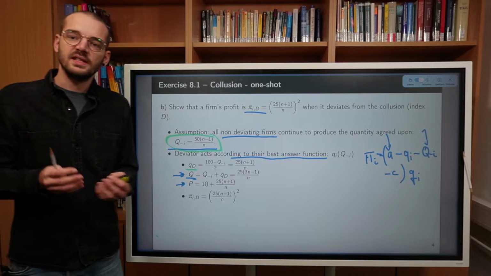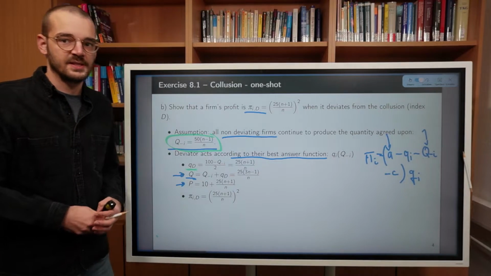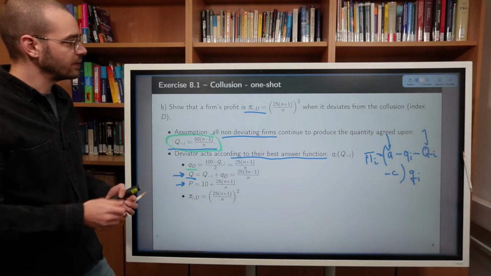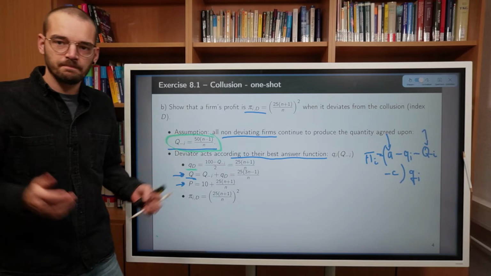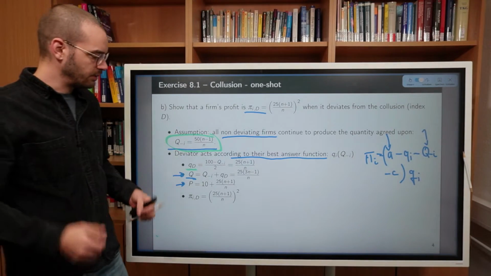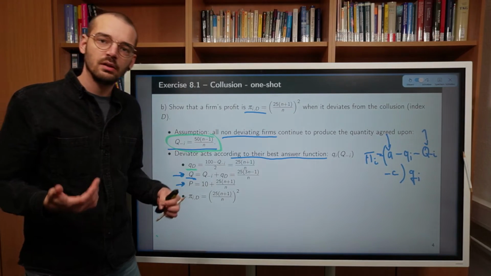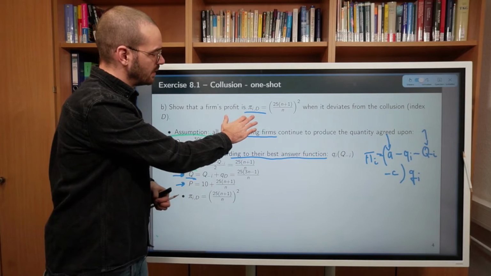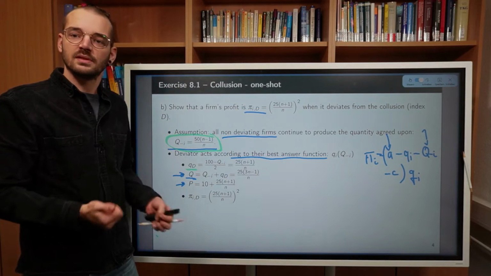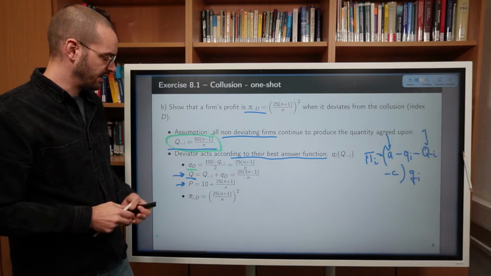Knowing the total quantity and price in the market, we can now calculate the profits of the firms. And in this particular case, we're only interested in the profits of the deviating firms. So, in the usual fashion that we already know, we can calculate price minus marginal costs, all in brackets, multiplied with the individual deviating firm's quantity, and through this calculate the profits.